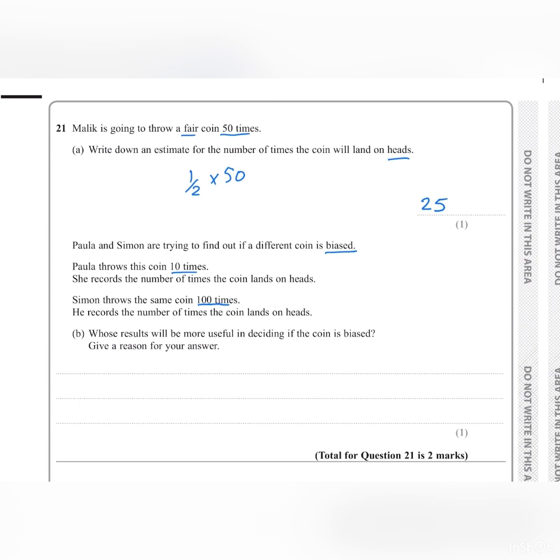Whose results will be more useful in deciding if the coin is biased, and give a reason for your answer? Well, the more trials you do, the more accurate results you will get. So it will be Simon's. So more trials done. Okay, that will give you more information, more data on the accuracy of that coin.